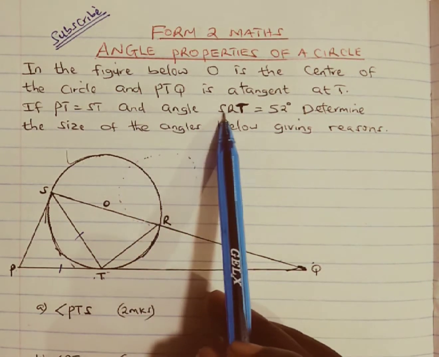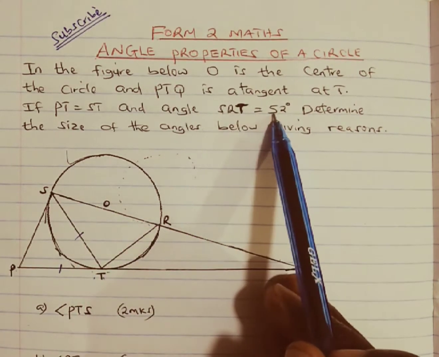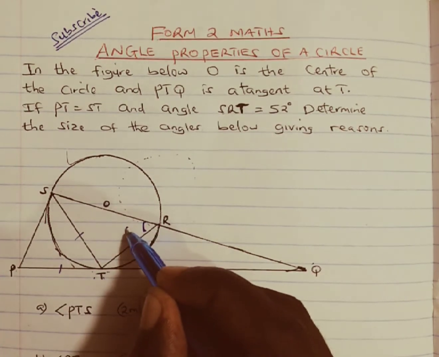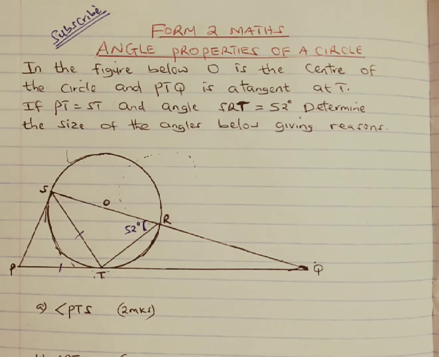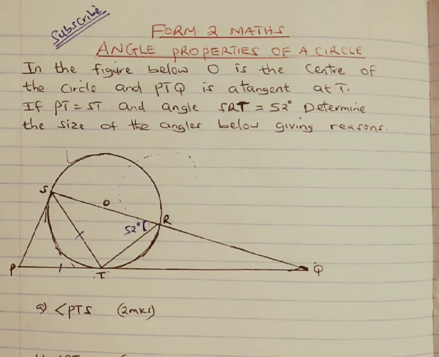And the angle SRT, the angle at the center, is what we are talking about. So angle R is 52 degrees. Determine the size of the angles below, giving reasons.